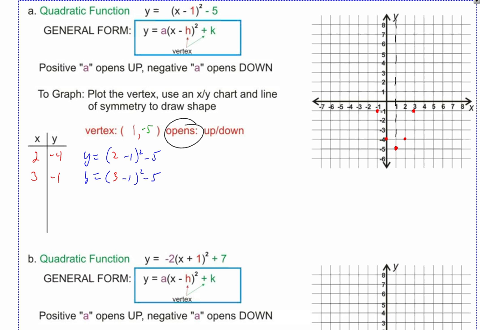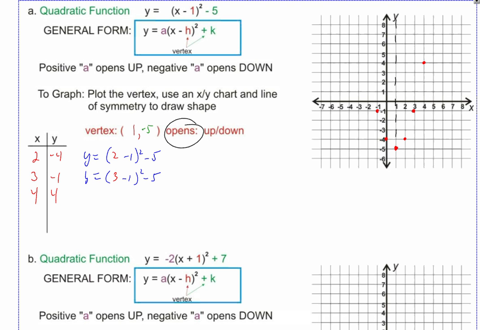On this one, it'd probably be nice to do one more point for time's sake. Let's just do it in our head. 4 minus 1 is? 3 squared is? 9 minus 5 is? 4. So the point 4, 4. Plot it.